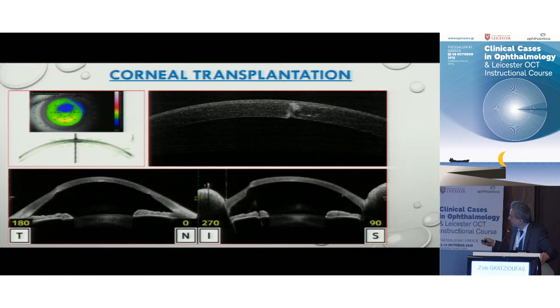And this is another patient with status after penetrating keratoplasty for keratoconus. And here, this is the graft-donor junction, so this is superiorly, inferiorly. So in the inferior part of the graft, we have an ectasia of the graft with marked thinning. So this patient is on the waiting list for a repeat penetrating keratoplasty.